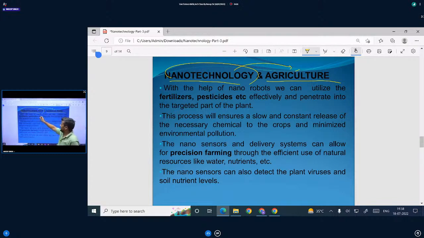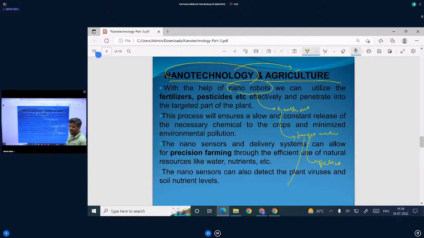As we know, these nano robots are helpful in the health area also. They are used to supply targeted medicine, or you can say drugs, to the patient. This helps to control the adverse effects of the medicine.